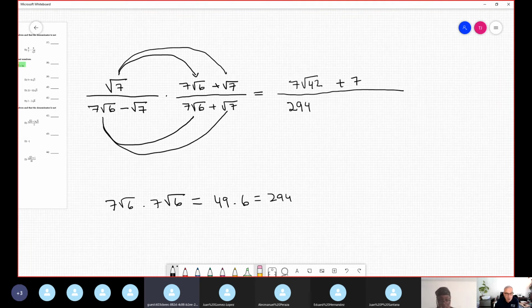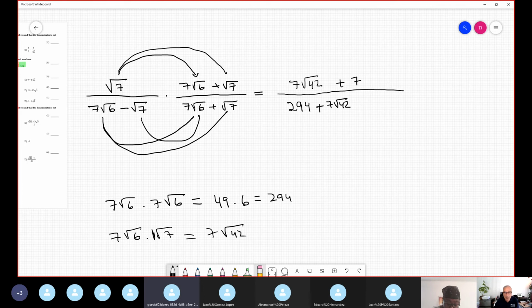Outer. Well, outer is 7 radical 6 times radical 7. I suppose the coefficient here is 1, so 7 radical 42. But positive. So plus 7 radical 42. Inner, again, is negative 7 radical 42 for the same reason.